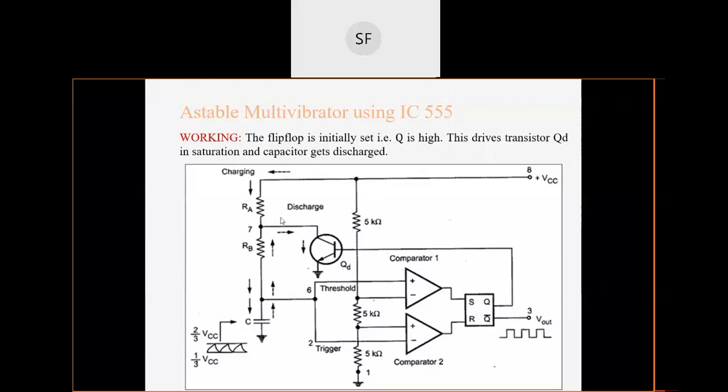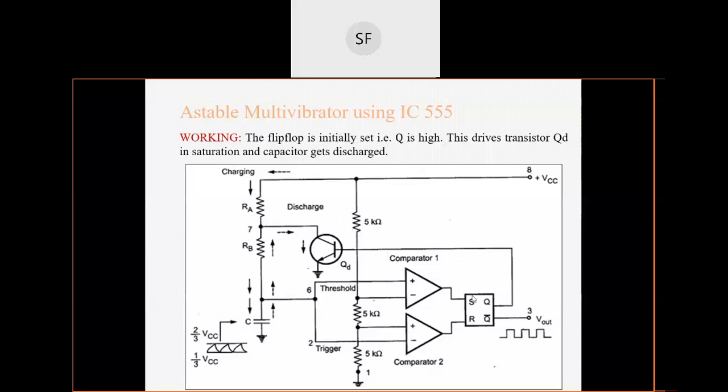So now we will start the working of astable multivibrator. Again we will go with the same flow. That is, first our assumption was the flip-flop is initially set. Okay, in monostable also we started from that point, and again we are starting here from the same point, that initially the flip-flop is set.